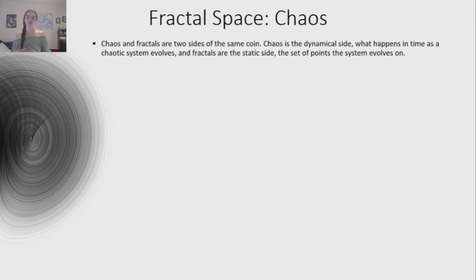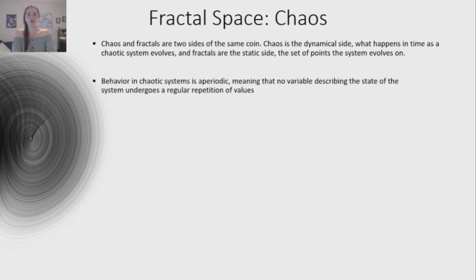And I'll bring up the chaos game that I think I went through in part 2 of this series, where you pick some points at random based on this system of 3 vertices, and eventually all of these points settled into the Sierpinski triangle. So the Sierpinski triangle is the static side, the set of points the system evolves on. And then chaos is just what happens in time as the chaotic system evolves.